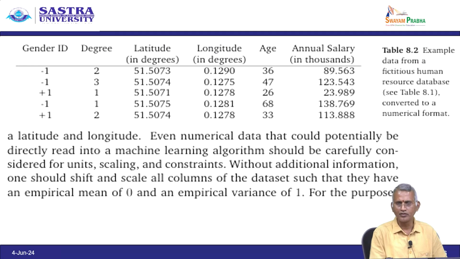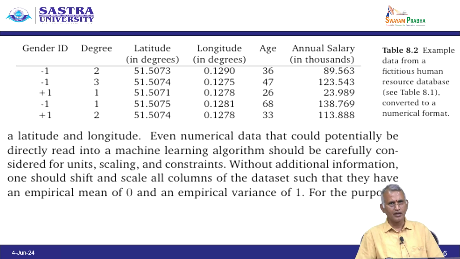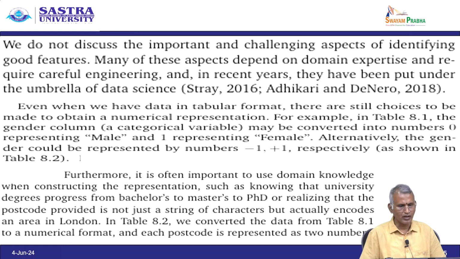This is Table 8.2, the data from the fictitious human resource database converted to numerical format. Gender is represented as -1, +1, the degree is also given as a corresponding number, and with the help of latitude and longitude the postcode is also represented. So, this conversion is most important.